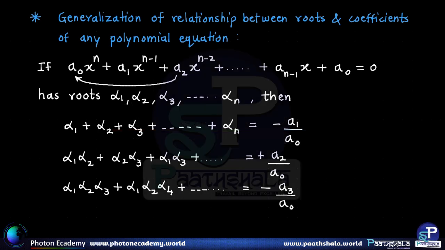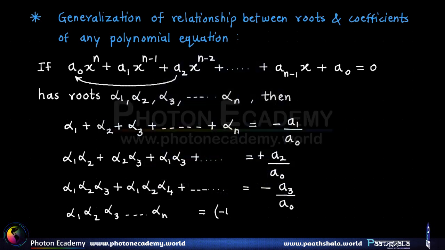In this way we can continue and generalize till lastly we arrive at a point where we take the product of all the roots. There will be only one such product since we have covered all the roots. That will be given by minus 1 raised to n, an upon a0.